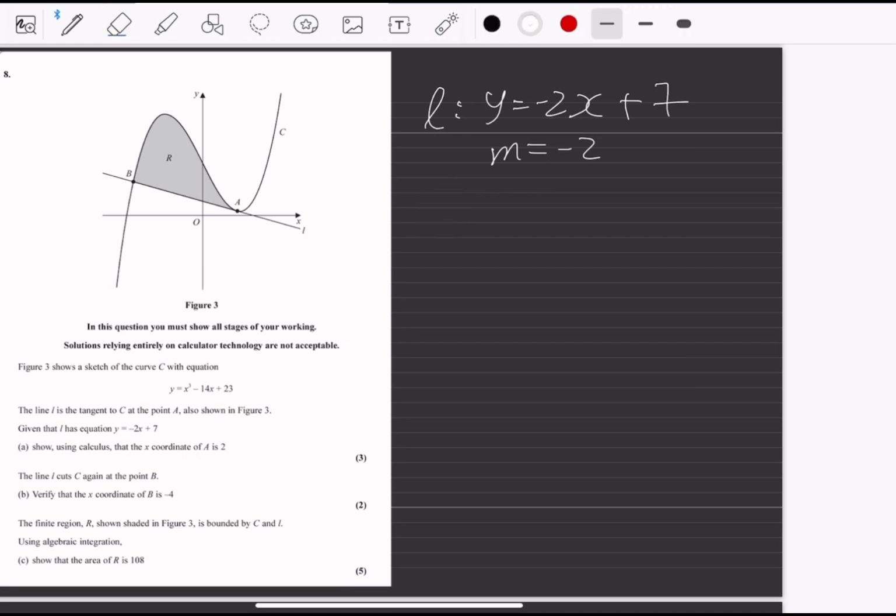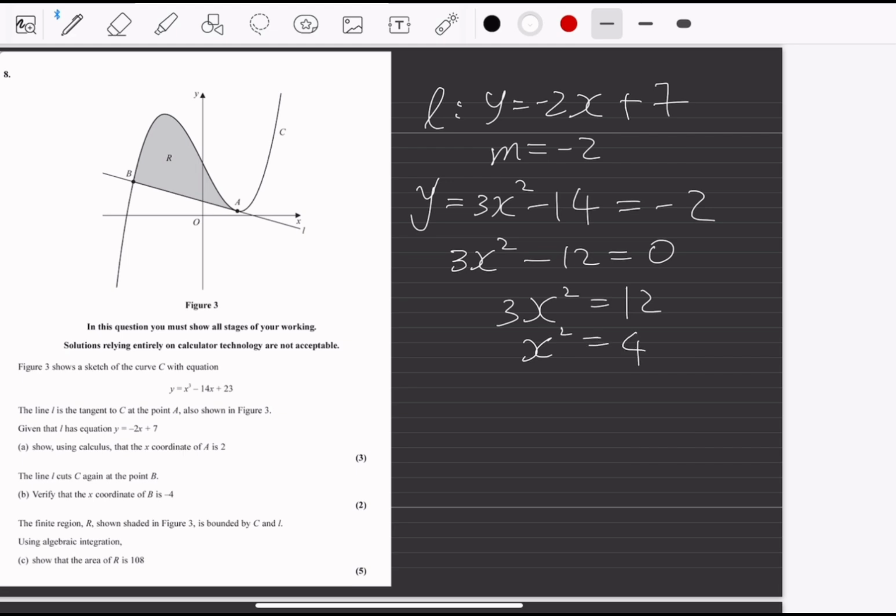So we know the gradient of the tangent line is minus 2. That means if we differentiate y with respect to x, then we have 3x squared minus 14. That should equal minus 2. So if we solve this equation, 3x squared minus 12 equals 0, then 3x squared equals 12, x squared equals 4, and x equals plus or minus 2.